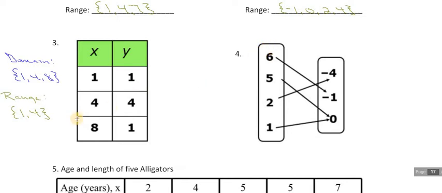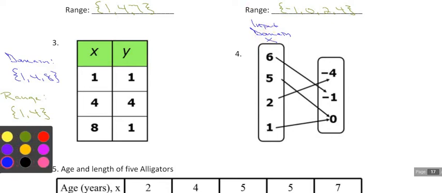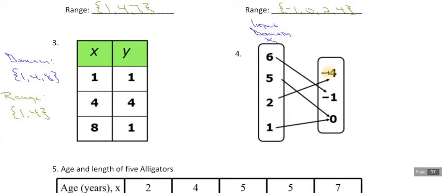Number 4, we have what's called a mapping diagram. So our input, our domain, our x, that's all the first column. Okay, x, domain, input. Whereas our second column here is our output, our range, and our y values.